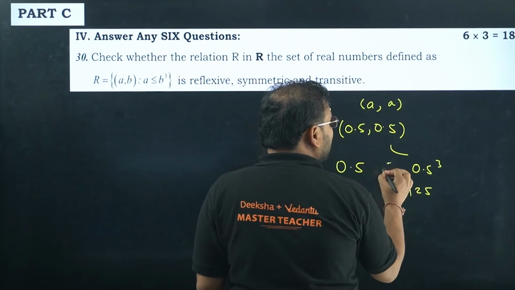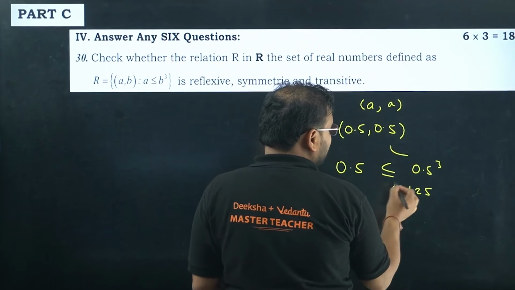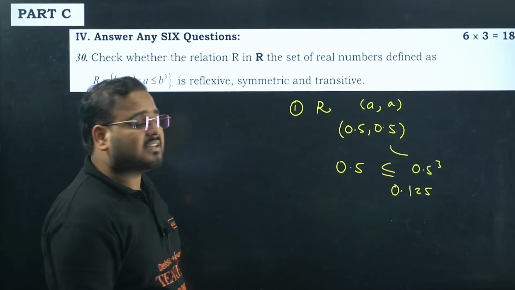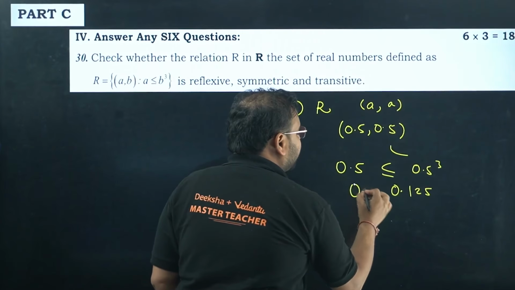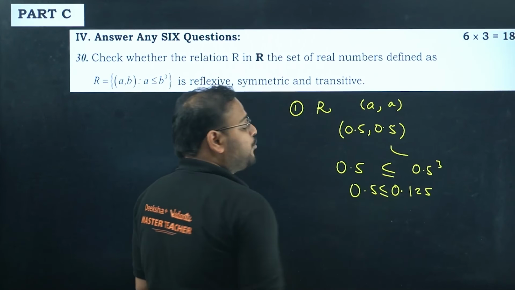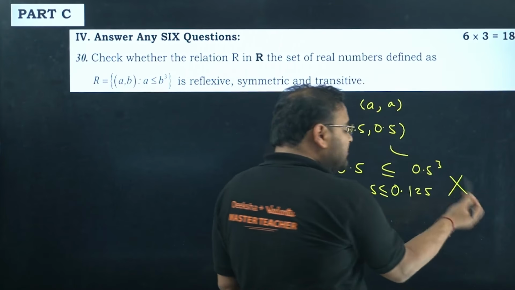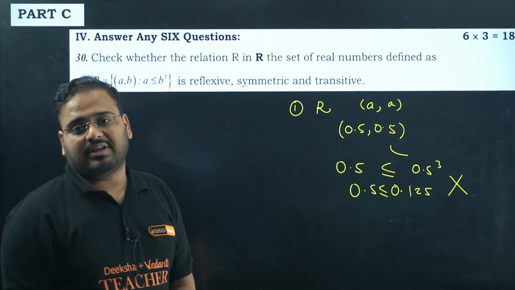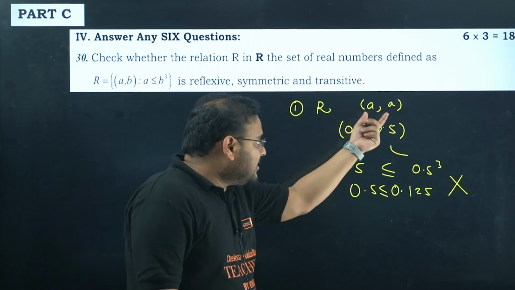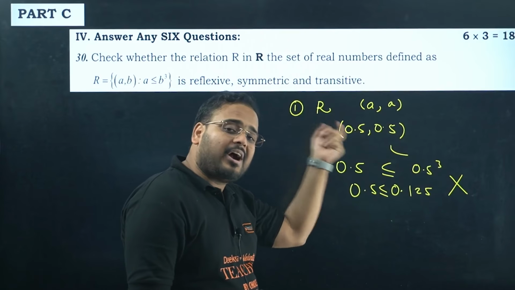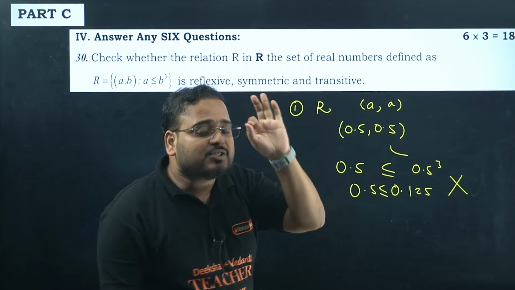So this should be less than. Is 0.5 less than 0.125? Is it true? No. 0.5 is actually more than 0.125. It means the given ordered pair 0.5 and 0.5 does not work.